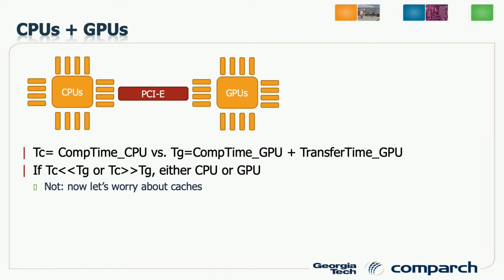And then we can consider whether the GPU time is significantly greater than the CPU time or vice versa. If that difference is relatively small, then we can start worrying about the caching effect, because so far we haven't talked about anything about caches, and we have mainly thought about compute power.